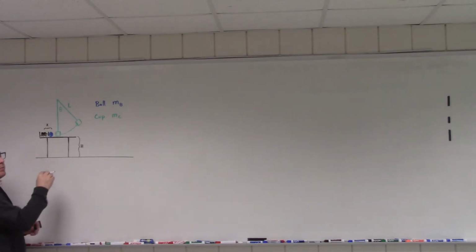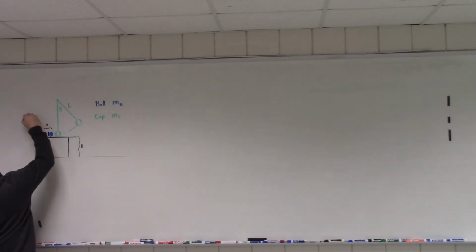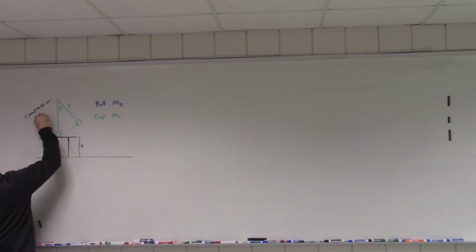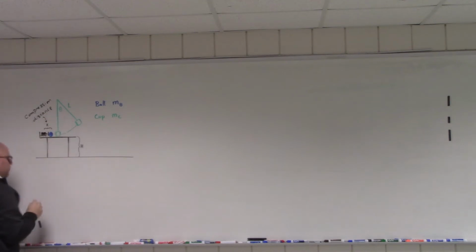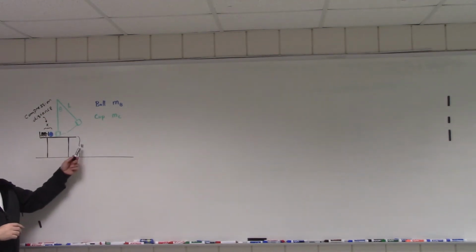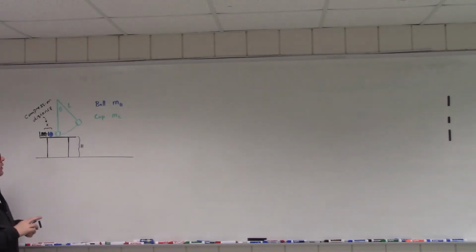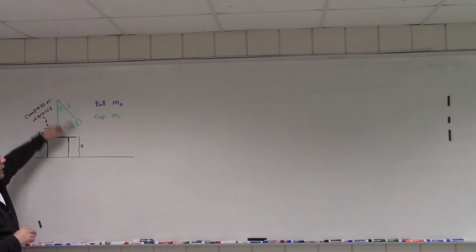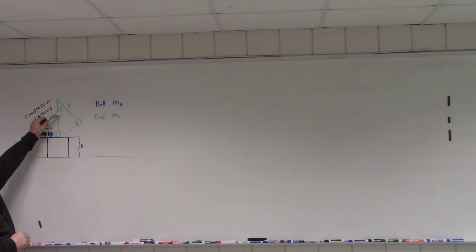X here is our compression distance. This capital H is the height of our table above the ground. L is the length of the boom arm. And we know it swings to an angle theta once it's caught.